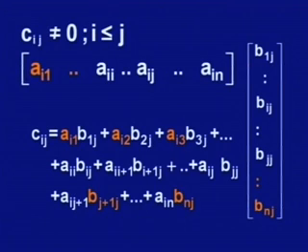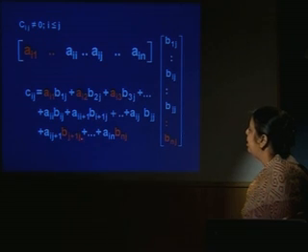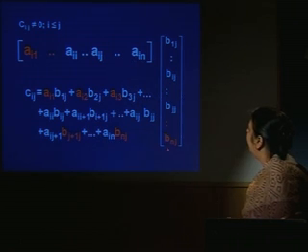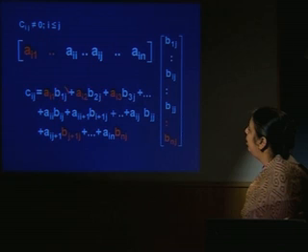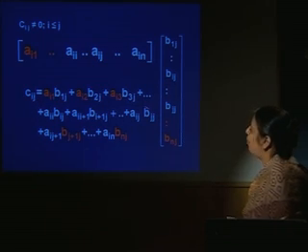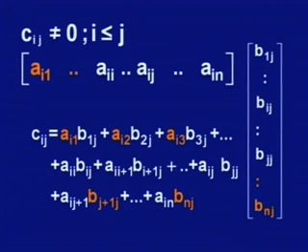So, what we have is Aij+1 B(j+1)j, this is 0, and the same thing happens with the last element Ain Bnj. So, all these terms will not be contributing, Cij is not 0 because some of these terms will not be 0. So, Cij is not 0 when i is less than or equal to j, and that proves our result that the product of two upper triangular matrices is also an upper triangular matrix.